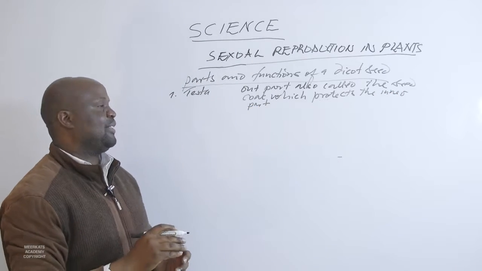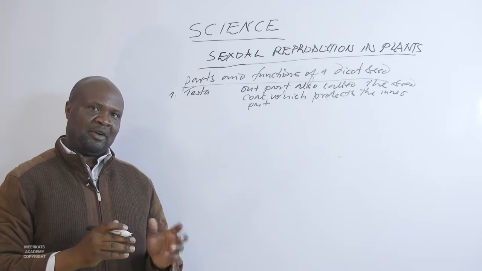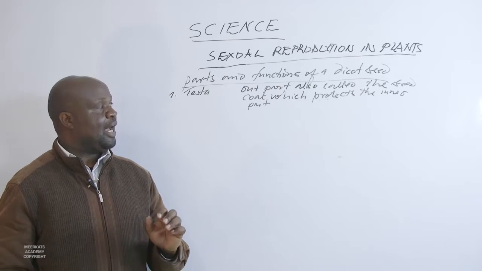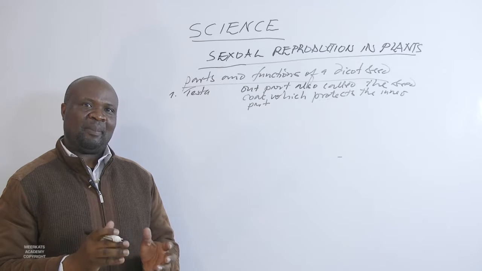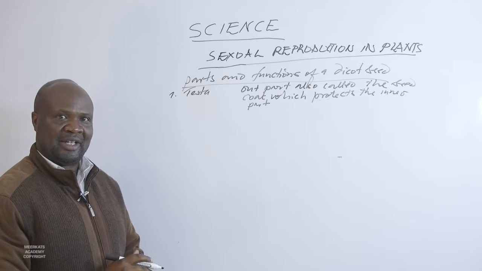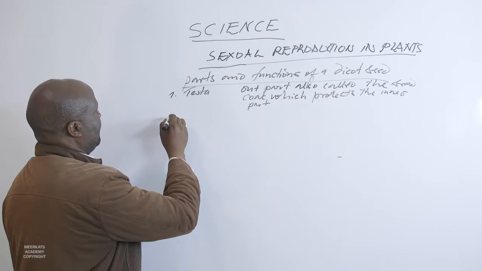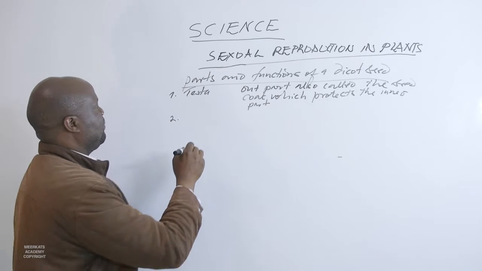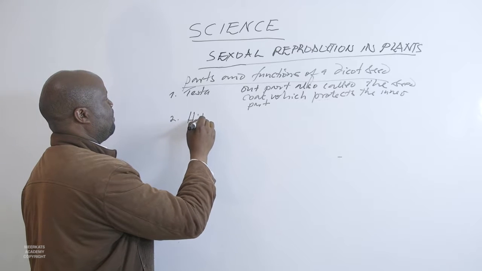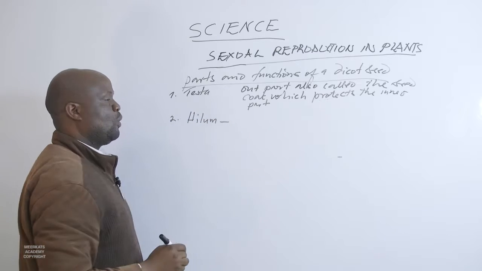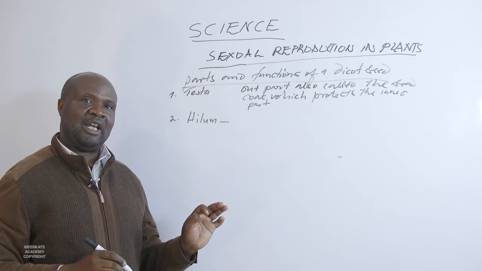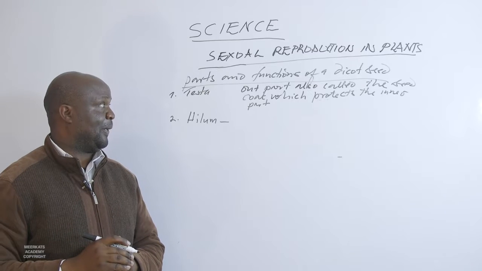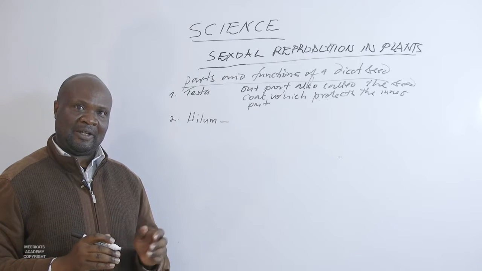So the testa is a part of the seed. It is the outer part, also called the seed coat, and it protects the inner parts of a dicot seed. Then we can go ahead to see there's a part we call the hilum. We want to know the function of the hilum and what role it plays in a seed.